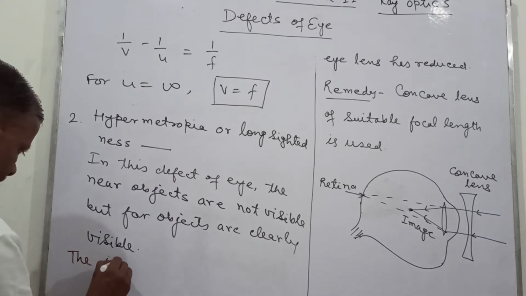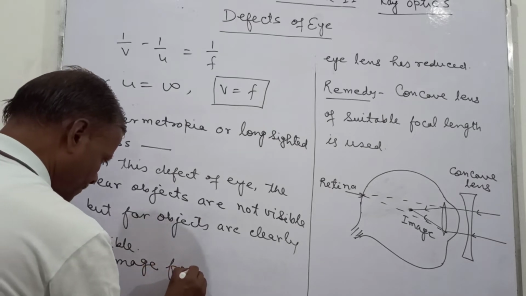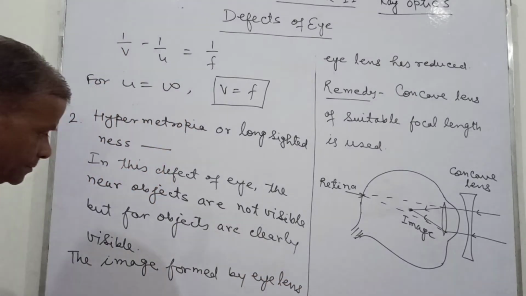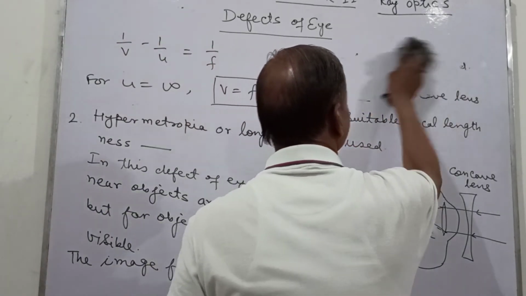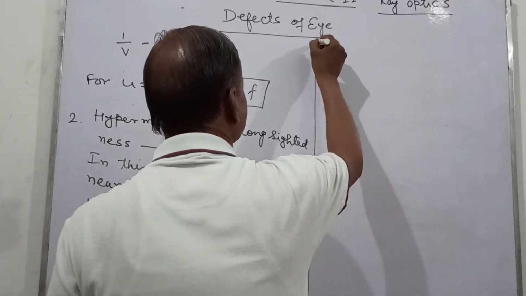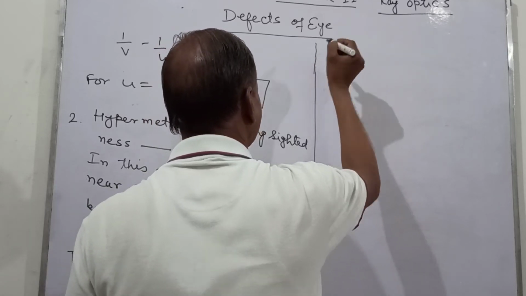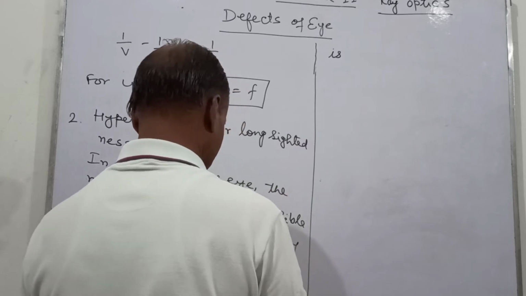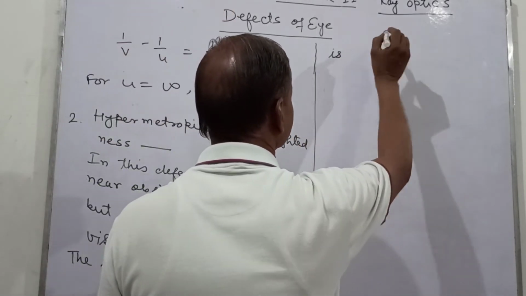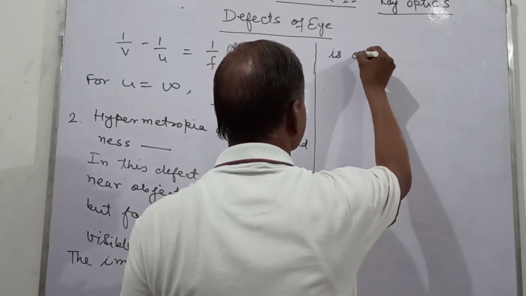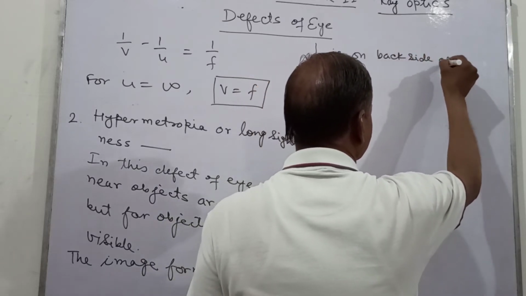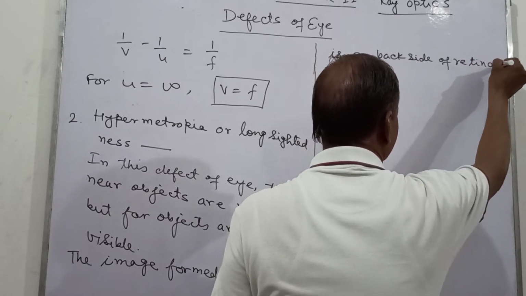The image formed by the eye lens is at the backside of the retina.